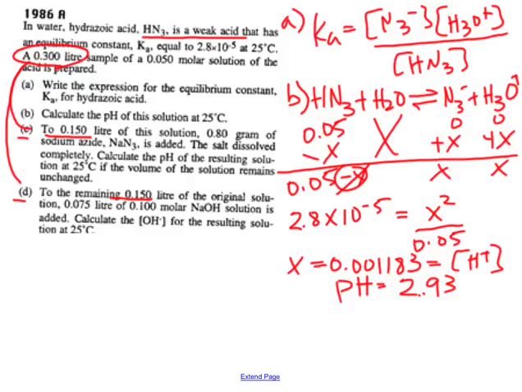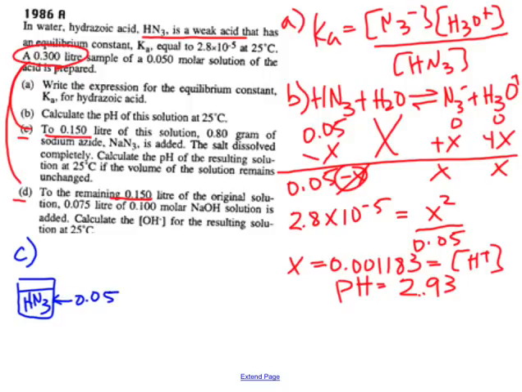So taking a look at part C, the question says to 0.15 liter of the solution, 0.80 grams of sodium azide, NaN3, is added. So I've got my weak acid, HN3, hanging out. And remember, what is that molarity? 0.05.